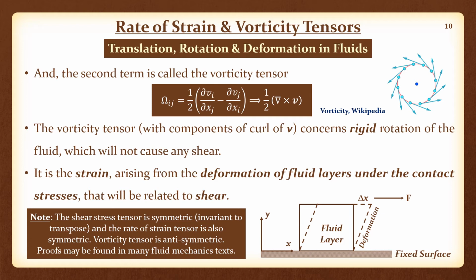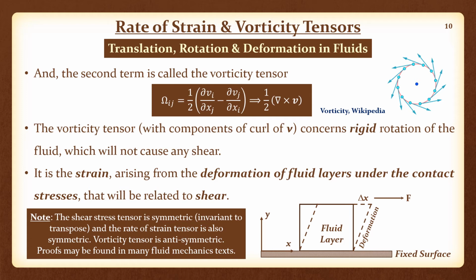So one molecule in one fluid particle, by virtue of its interaction with another molecule in another fluid particle, literally tries to drag this molecule along, and that is what causes that entire fluid particle to, so to speak, deform.